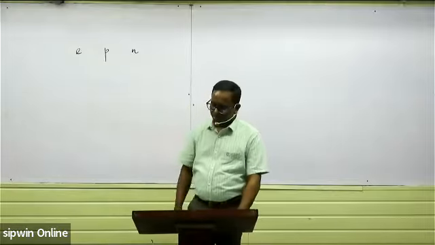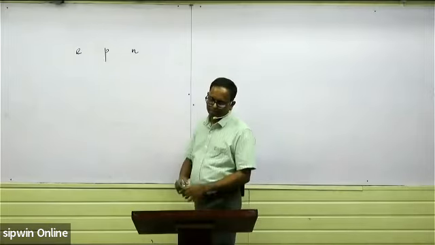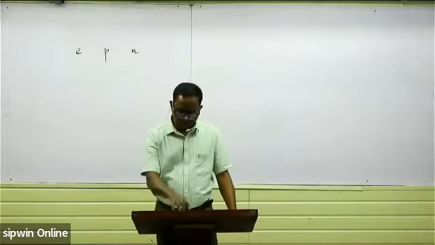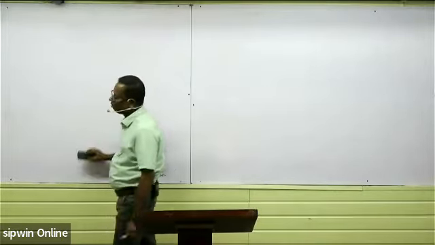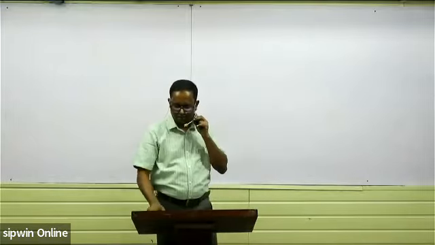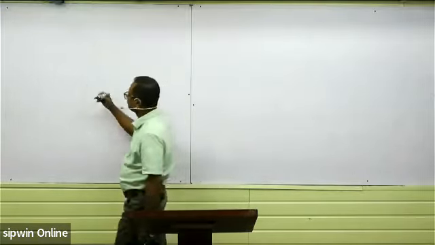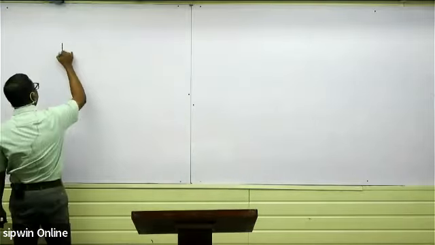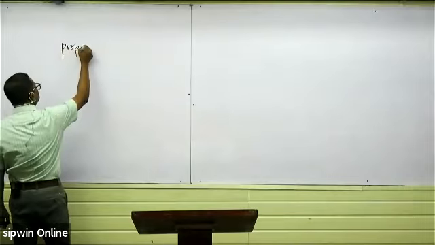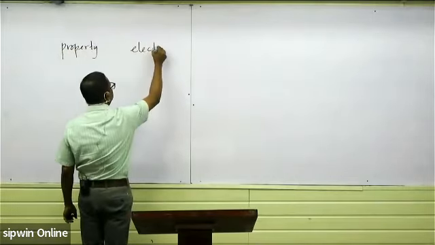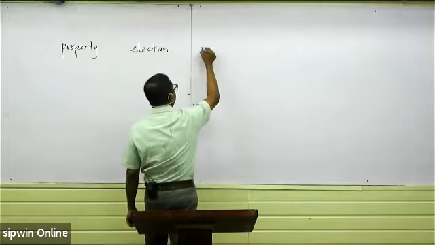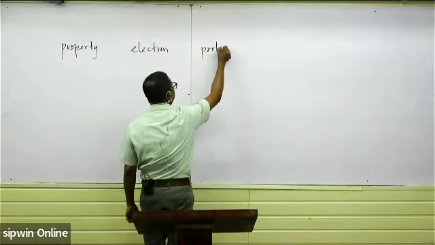Let's write the details for subatomic particles and their properties. Prepare a table with four columns. Property, electron, proton, neutron.